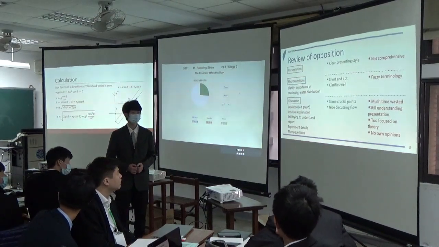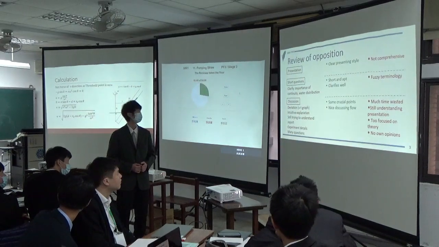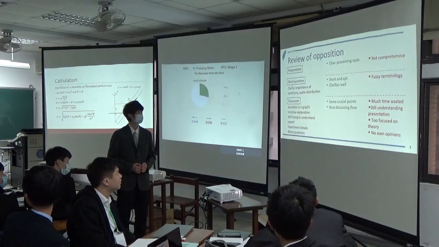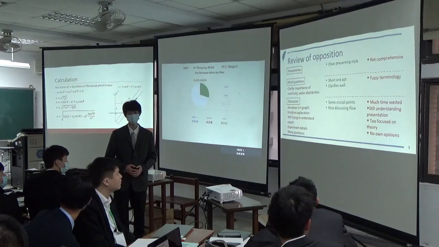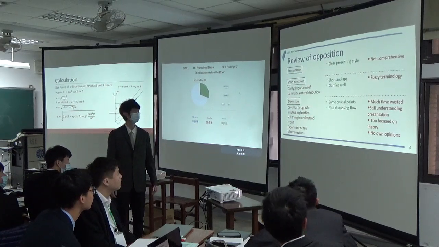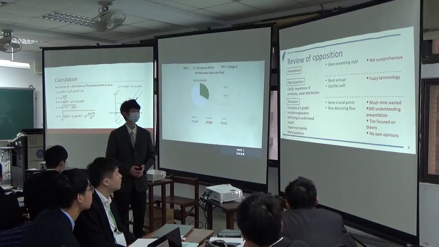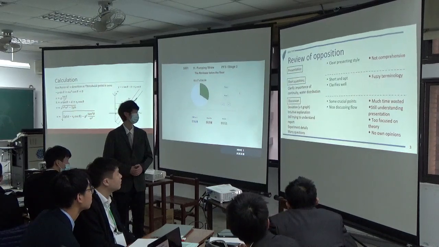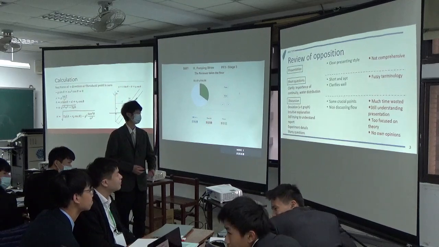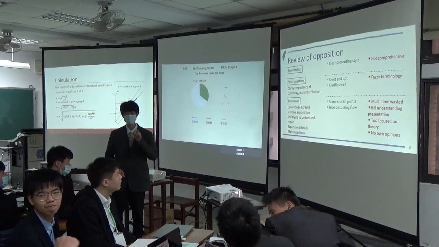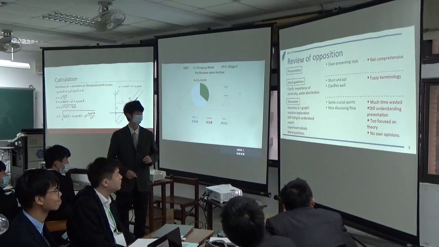And for the review of the opponent, you have a pretty clear presentation style. However, your opposition is not quite so comprehensive. And for the short question, you did point out some points, and it's short and clear. That's a good thing.